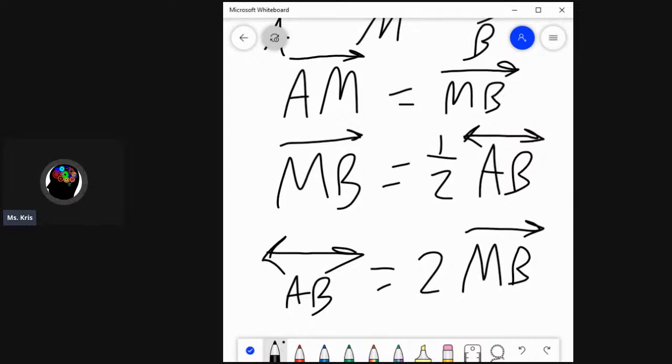And since MB is 7 and it's the midpoint, that means AM as well is 7. Any questions?